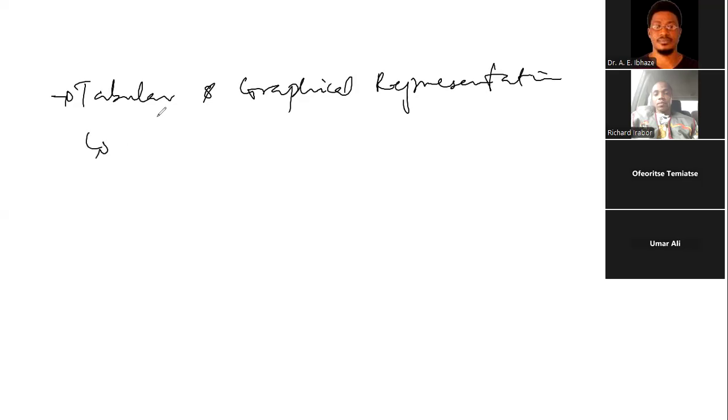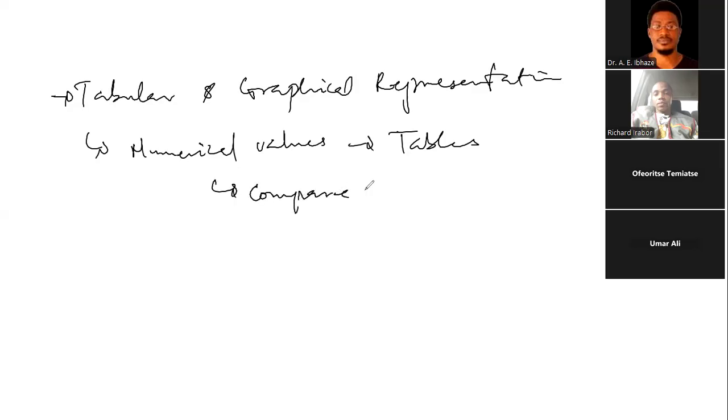So when you have numerical values, you want to use tables. Okay. Especially when you want to compare data sets, okay? You want to compare data sets.